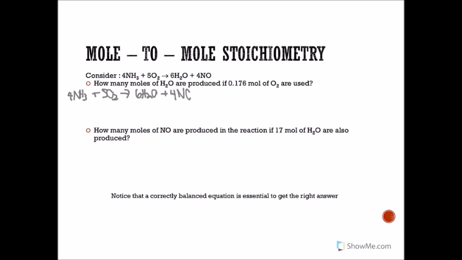And then, to figure out what I know and I don't know, I write that underneath whatever compound that corresponds to in my chemical equation. That's why I rewrite it.